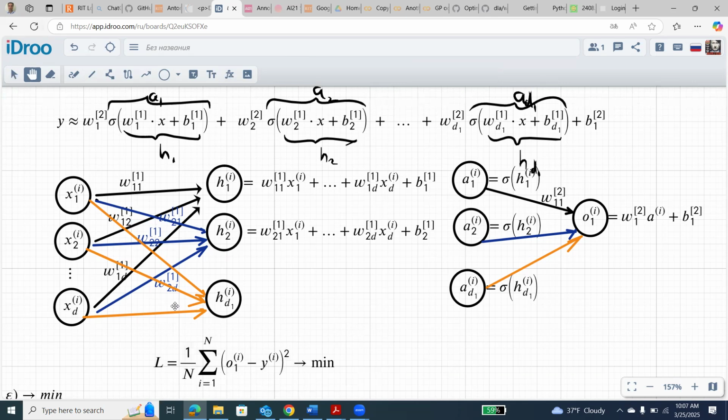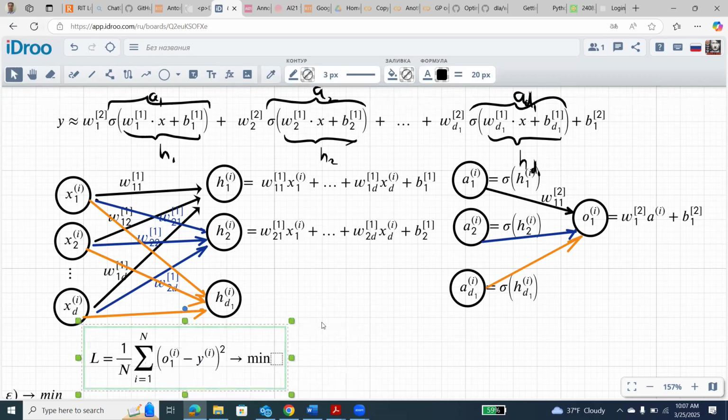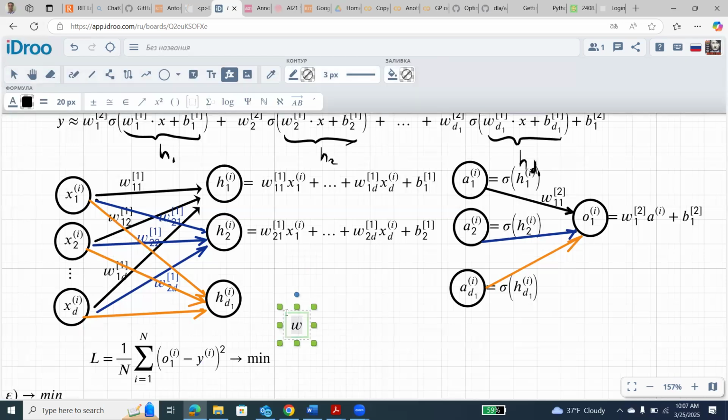So the output actually will depend on all the parameters of our model. So we want to minimize this with respect to all parameters from the first layer. And I'm not using subscripts because I just mean all possible parameters W11, 12, 21, and so on.